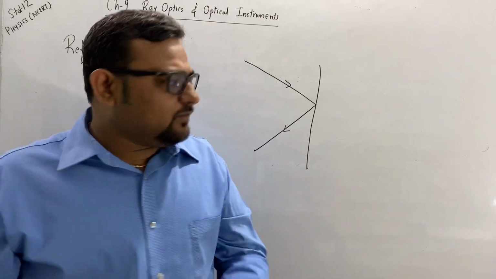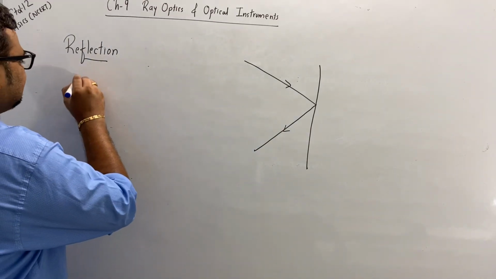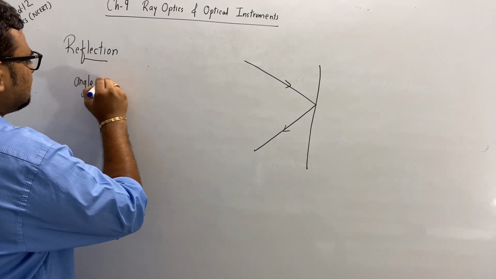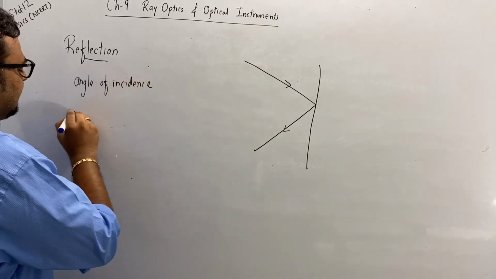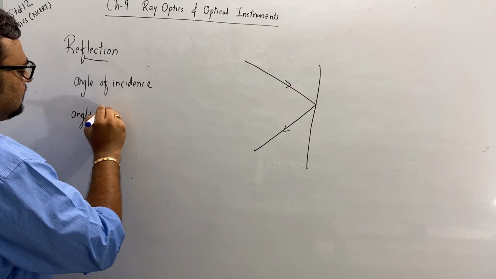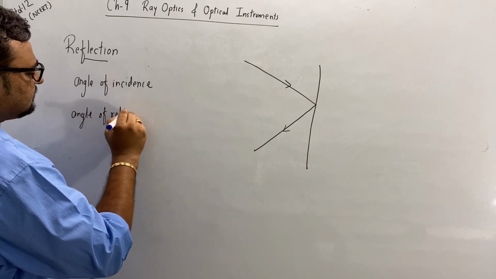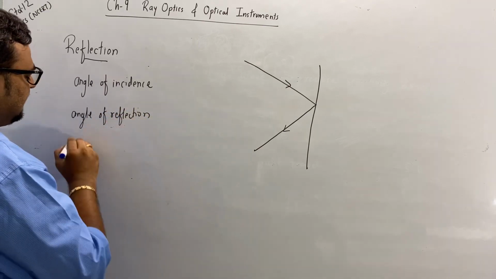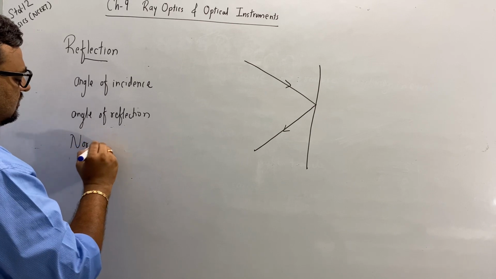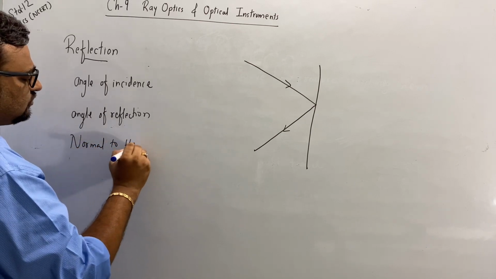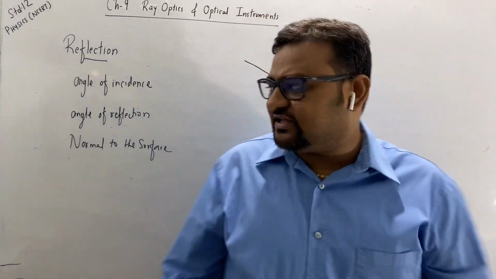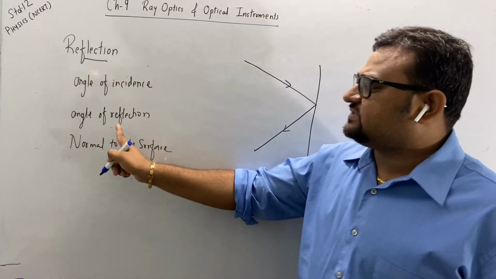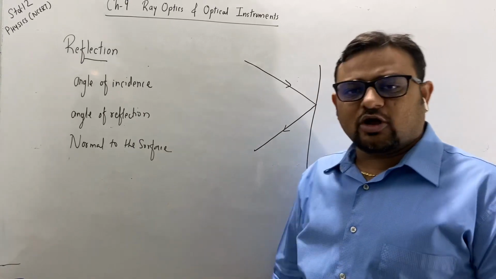Now, three important points: angle of incidence, angle of reflection, and normal to the surface. These are the three concepts.